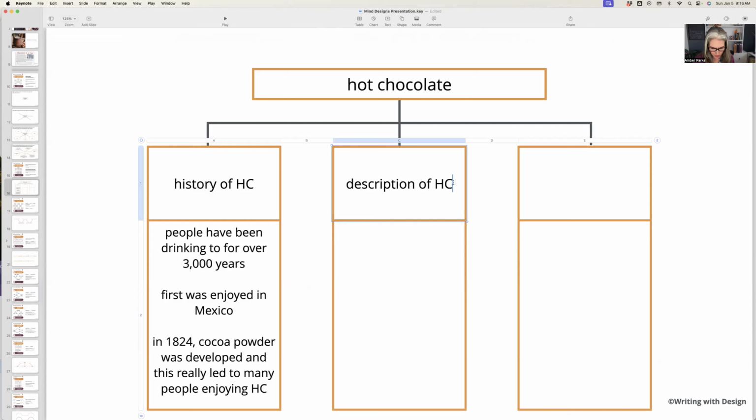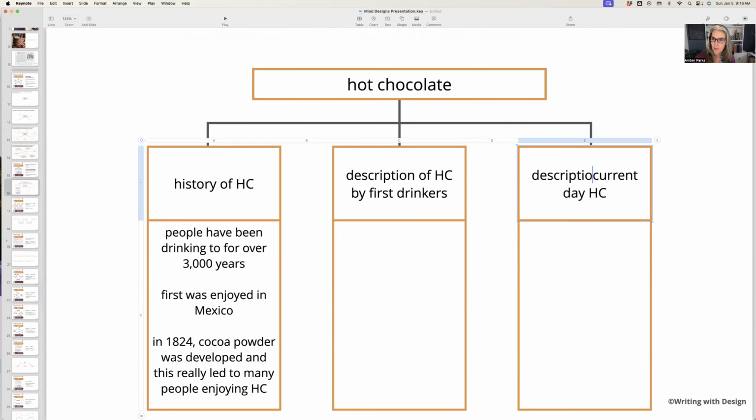Let's see, description of hot chocolate by first drinkers. And then we'll say current day hot chocolate, description of current day hot chocolate. How about that? I feel like there was a lot of information on both of those.